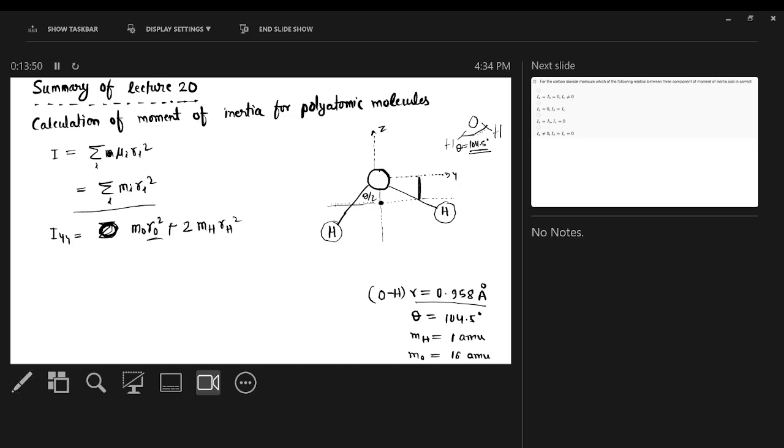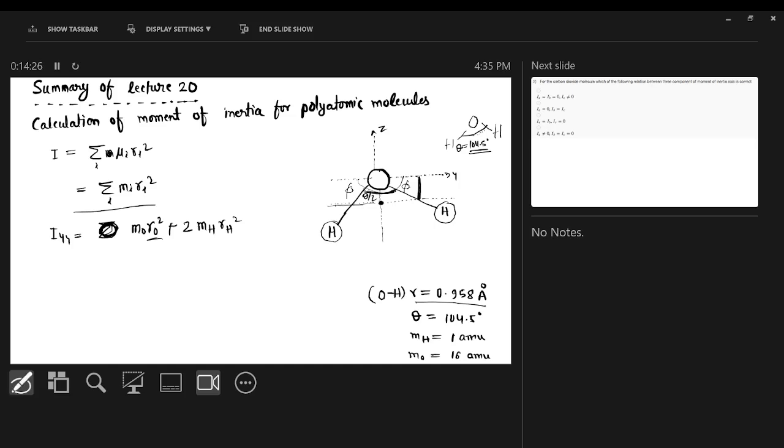So how can we calculate that? Any idea? This total angle is 180, and we know this angle. This will be equal to this, so I will say this is phi, and this is also phi.